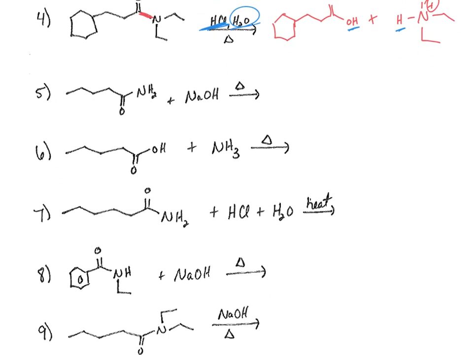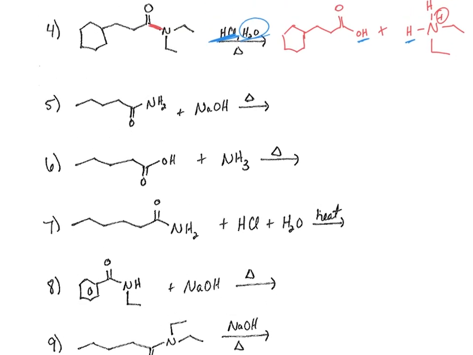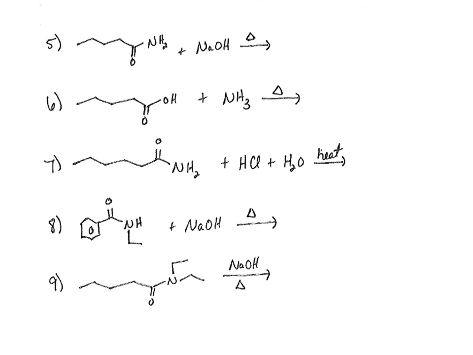Okay, let me scroll on up. Oh, we got a few left, huh? Okay. So next we're going to do a reaction with just base. And so again, we take this bond and we're going to break it.